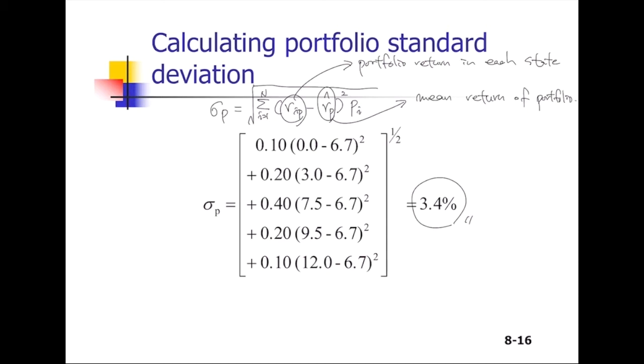And then you calculate each number. Finally, you get the portfolio standard deviation. So finally, we get the standard deviation that is 3.4%.